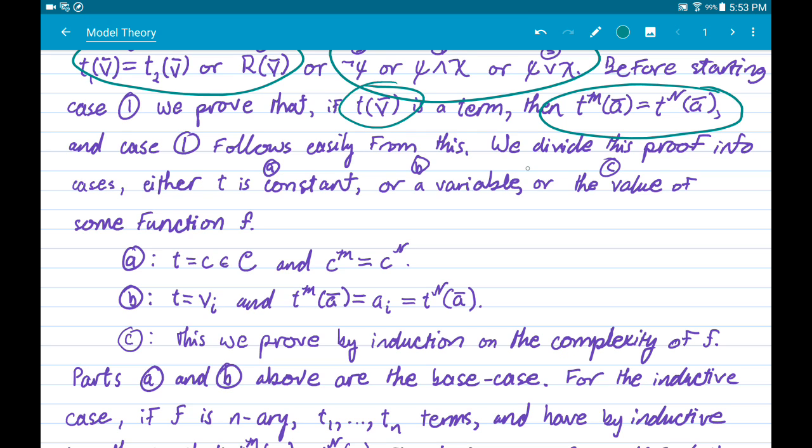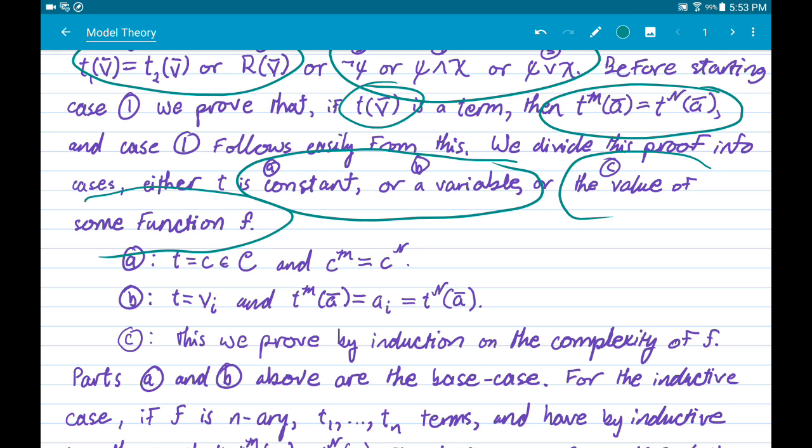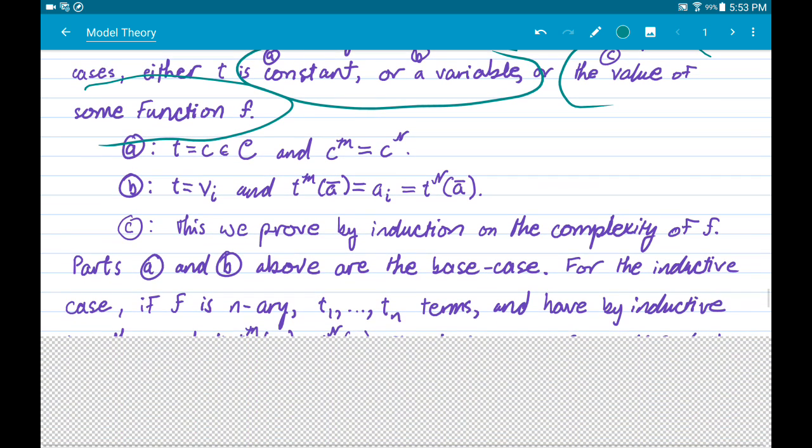This is also proved inductively, with base cases being the constant and variable terms, and the inductive case being the case of a function built out of other terms.